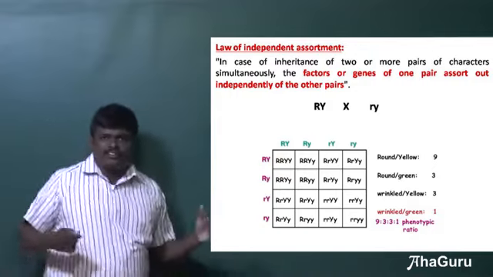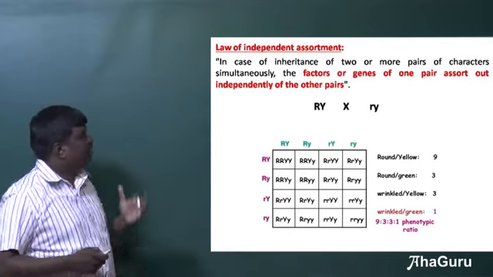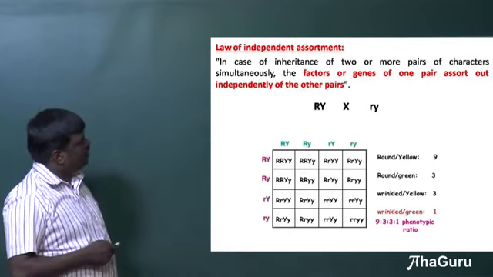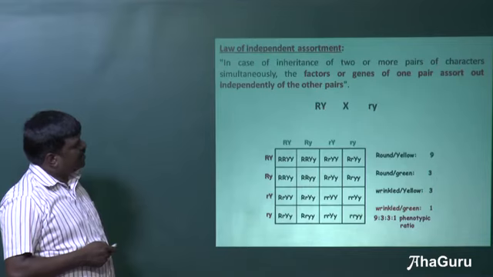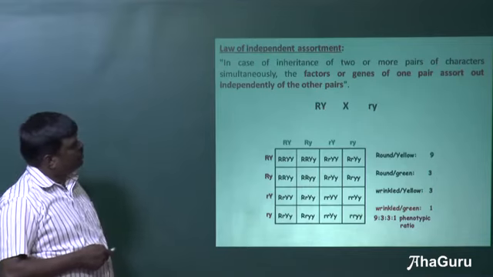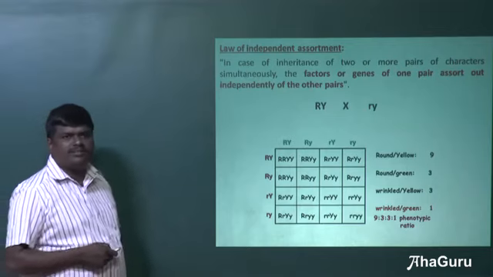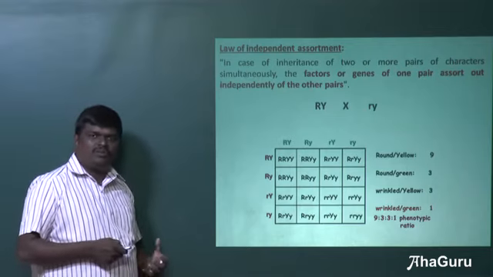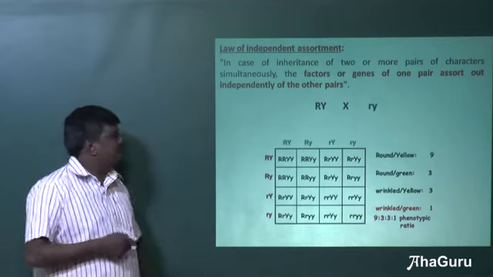According to this law, there are two different characteristics here. One is round and yellow, the other is wrinkled and green.